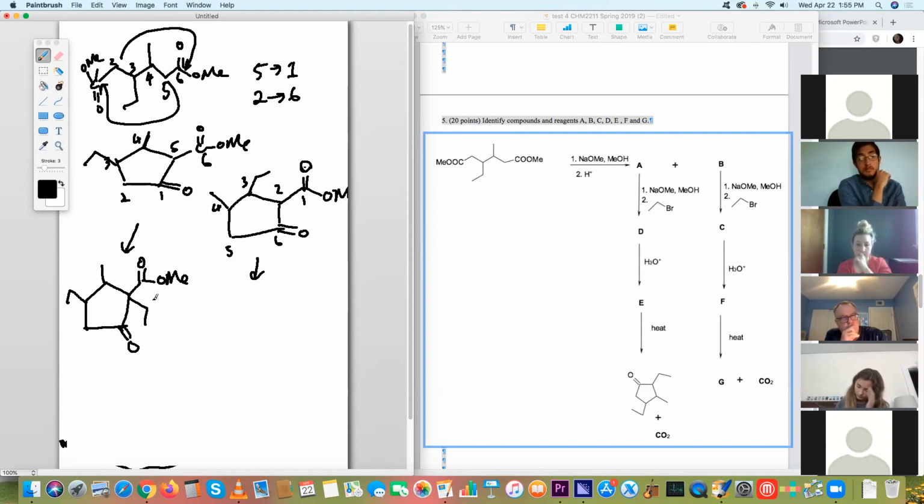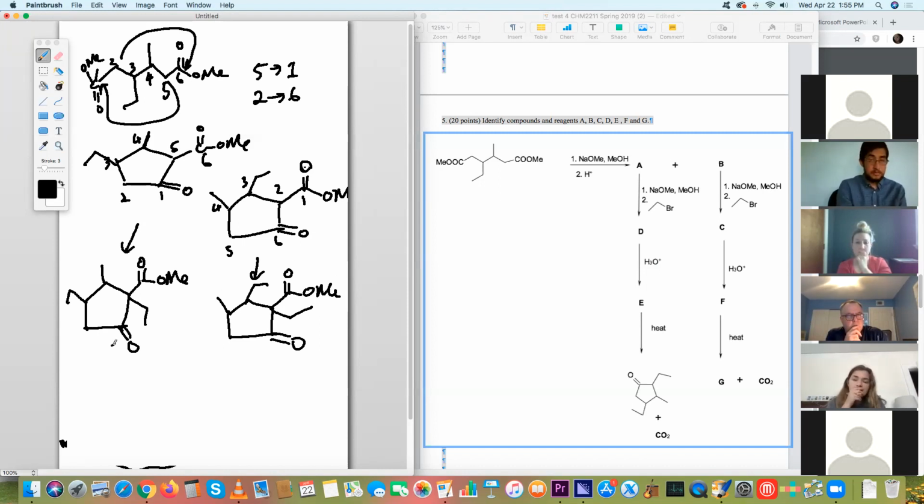And that would be, well, it's either going to be C or D. We do the same thing with this one. There we go. Does anybody have any questions about that? Where the ethyl group goes? Why put an ethyl group there or anything like that?